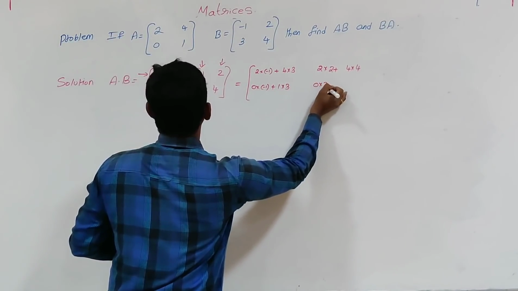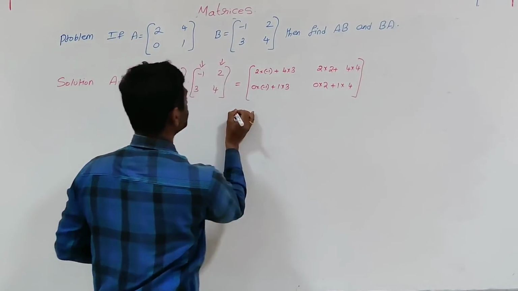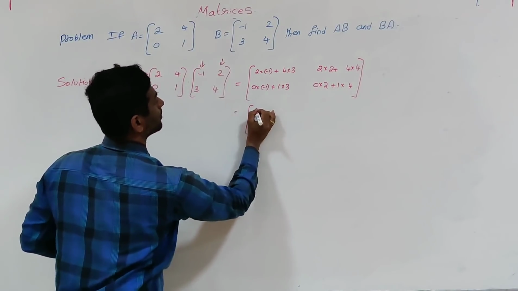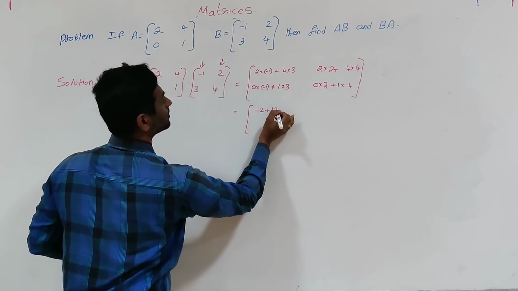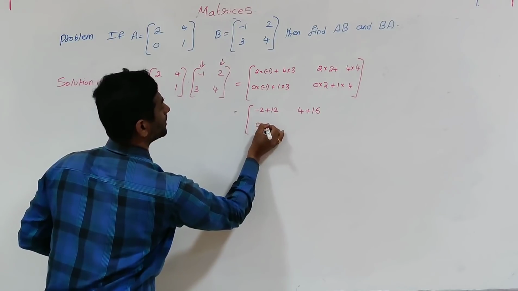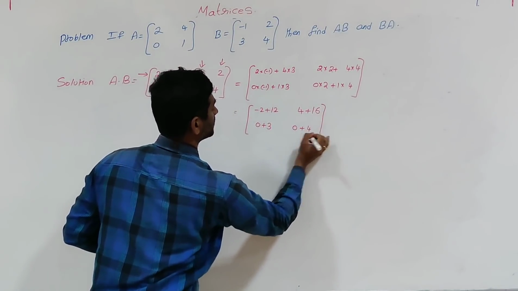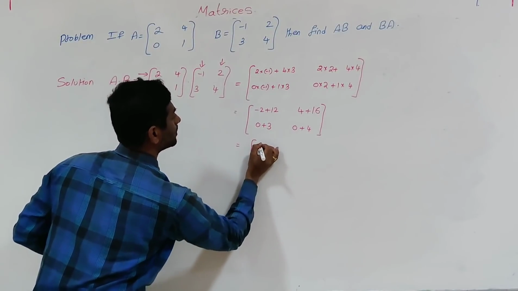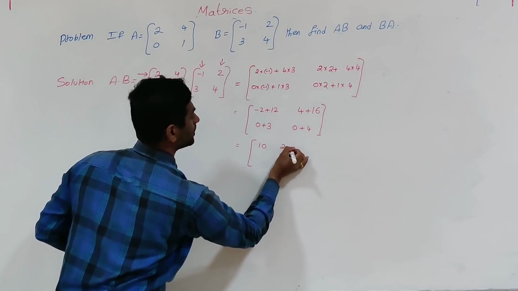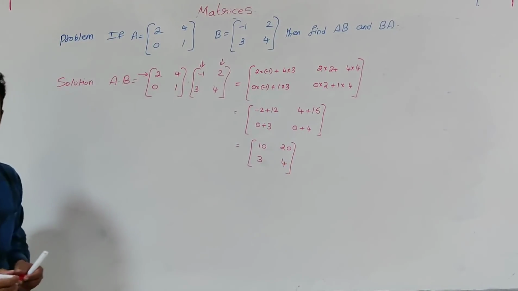Then 0 into 2 plus 1 into 4. So it gives -2 plus 12, 4 plus 16, 0 plus 3, 0 plus 4. And that gives 10, 20, 3, 4. And this is the matrix AB.